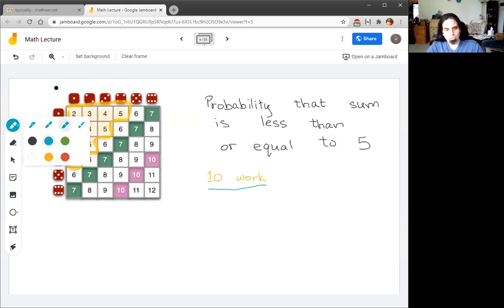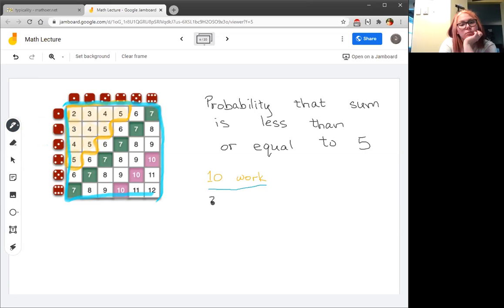How many are total on our whole chart? 36.